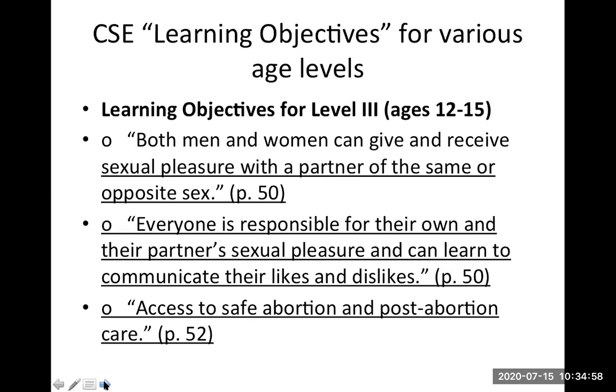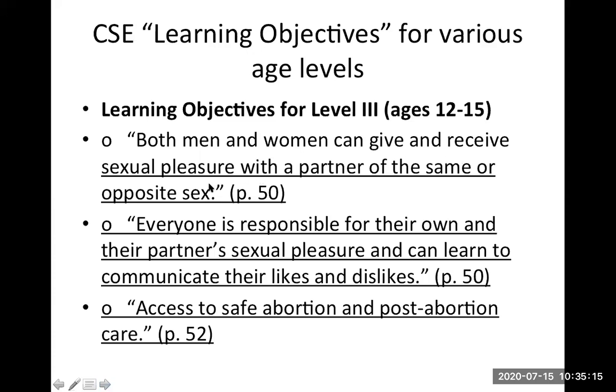At between age 12 and 15, people would learn that both men and women can give and receive sexual pleasure with a partner of the same or opposite sex.